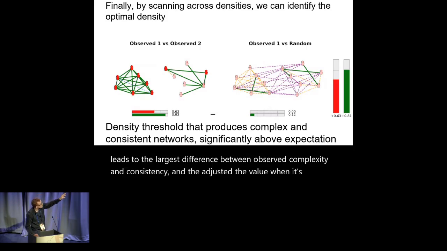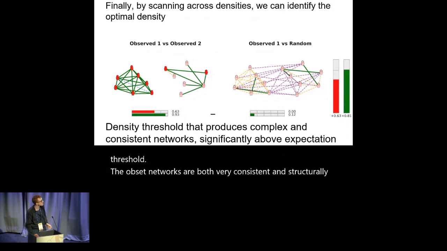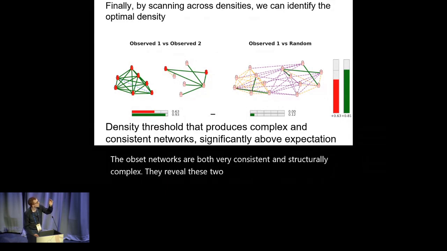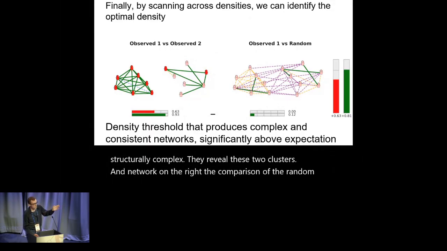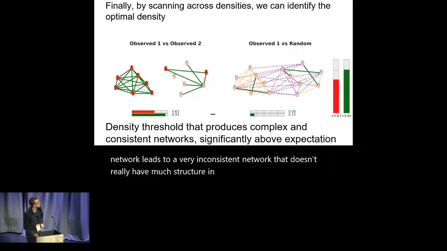So on the left, we can see that at this threshold, the observed networks are both very consistent and structurally complex. They reveal these 2 clusters. And the network on the right, the comparison with the random network, leads to a very inconsistent network that doesn't really have much structure in the green subnetwork.